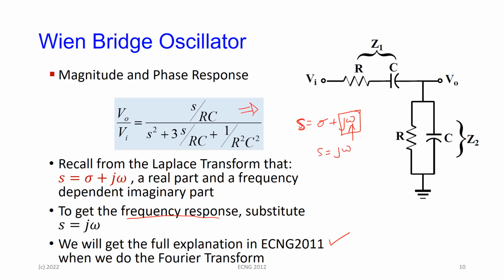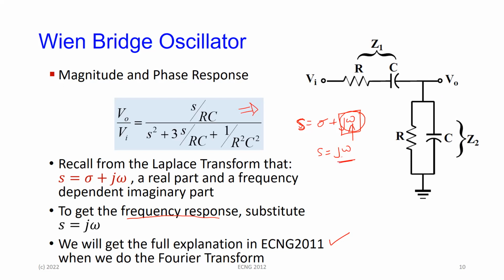In other words, I see what the j omega part of that transfer function looks like. We will get the full explanation in a couple of weeks, but for the time being, just accept that if I need to evaluate how the transfer function behaves with frequency, wherever I see S, I substitute j omega.